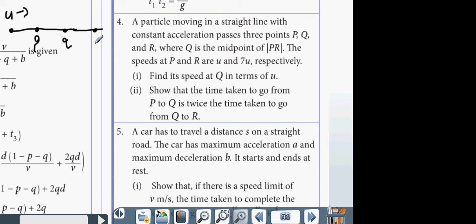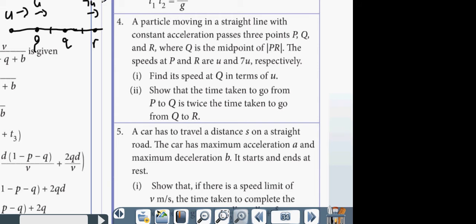Now, where Q is the midpoint of PR, we know that PQ is the same distance as QR. The speed at P is u and 7u at R.